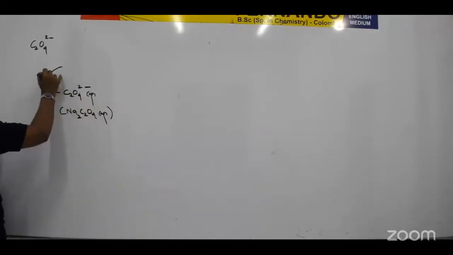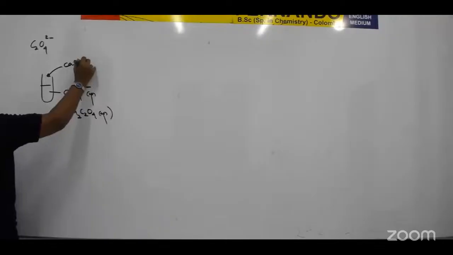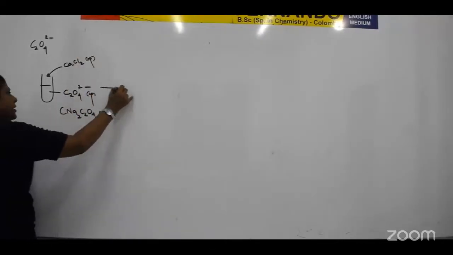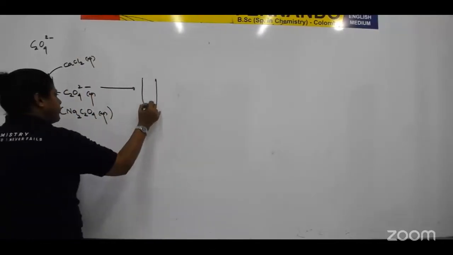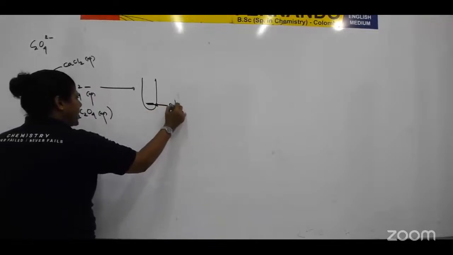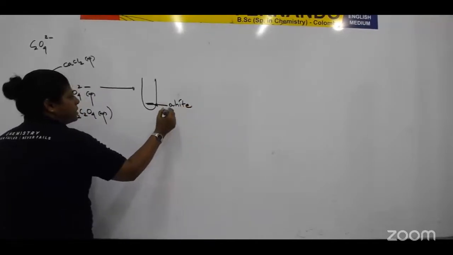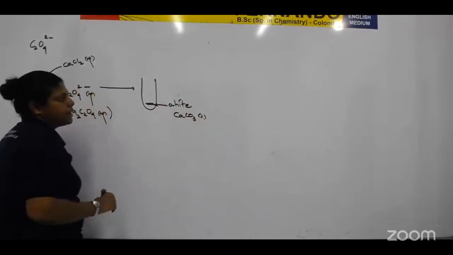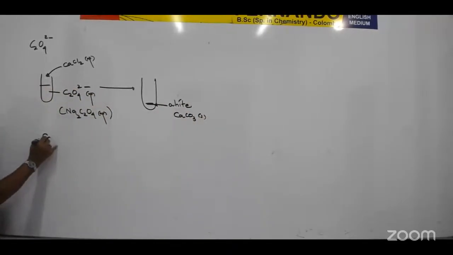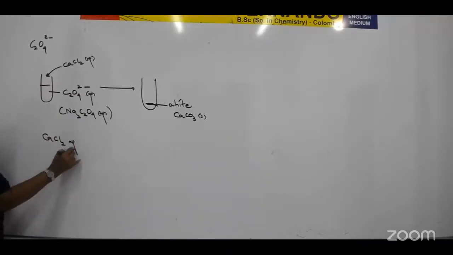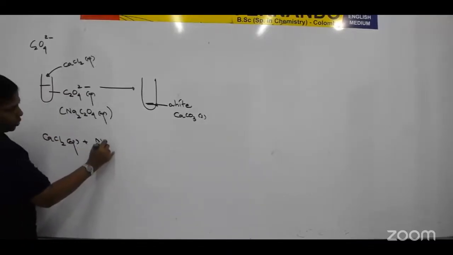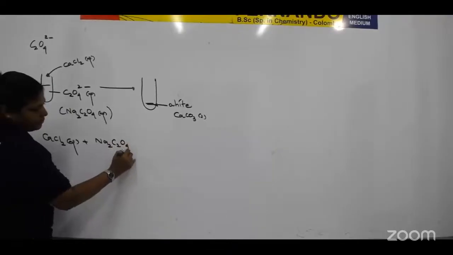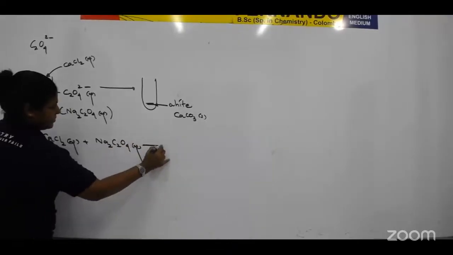When we add calcium chloride, we will again have a white precipitate. Calcium chloride reacts with the sodium oxalate in a double displacement reaction.